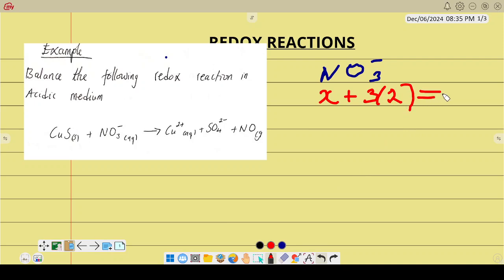Everything will be summed up to -1, the charge, which is what we sum to.